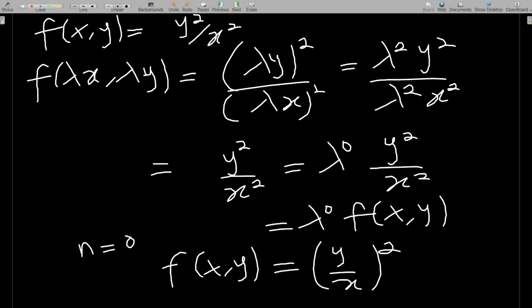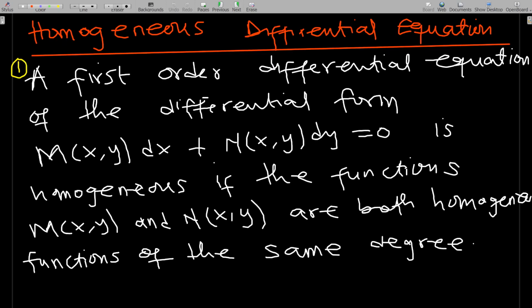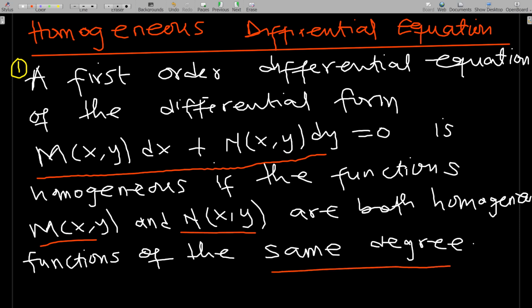Now let's go to showing how a differential equation is homogeneous. The first thing is a first order differential equation of the differential form. If you can split your differential equation into some M of xy times dx plus some N of xy times dy equals 0, then this is homogeneous if the functions M of xy and N of xy are both homogeneous of the same degree. So what do I mean?